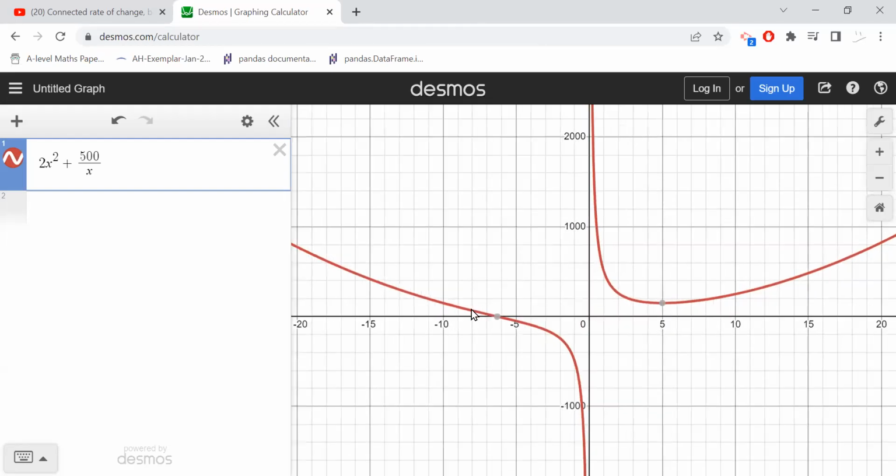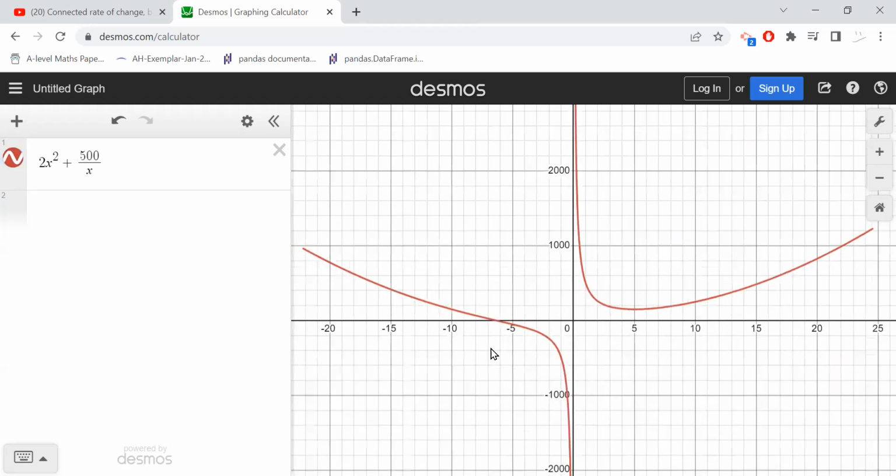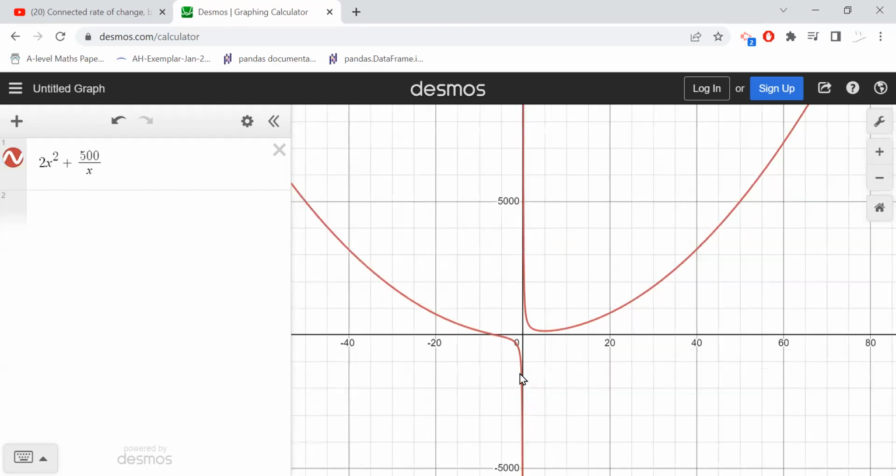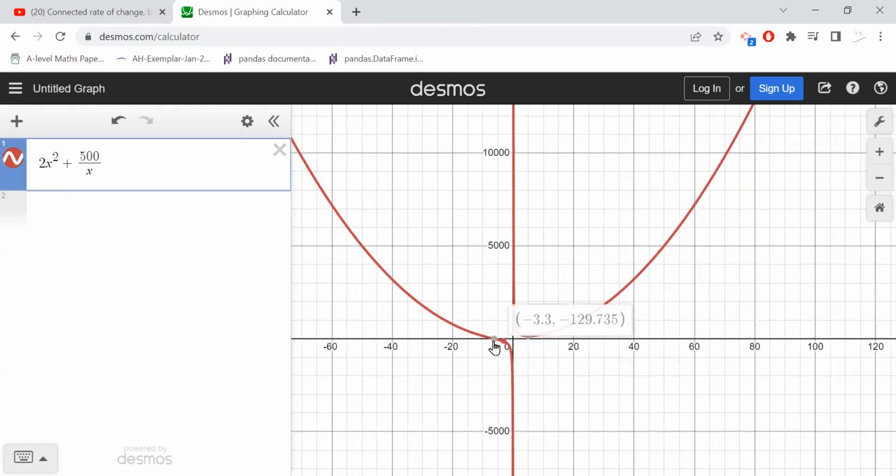Oh no, it's a change in the curvature. This is a very interesting curve. Is this actually having a gradient of 0? I'm not sure. Maybe not. It's just a change in the curvature. It's not a stationary point.